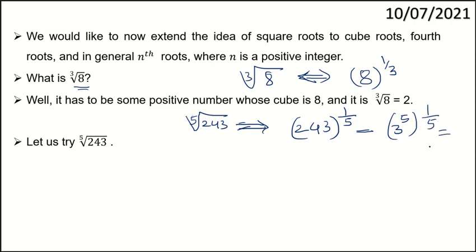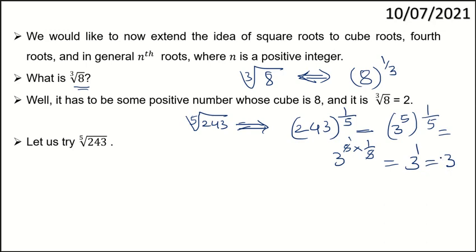Using laws of exponents, a power m whole power n is a power m into n. It becomes 3 to the power 5 into 1 by 5, where the 5s cancel. 3 power 1 will be the value of this fifth root of 243, that is 3.